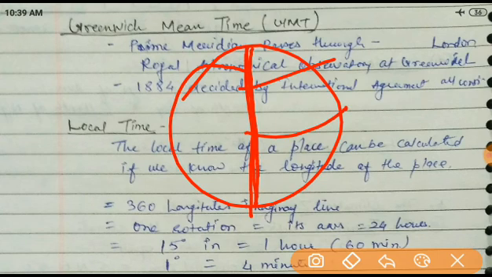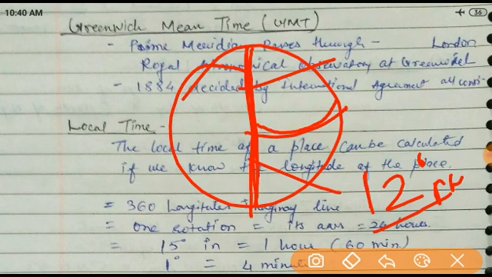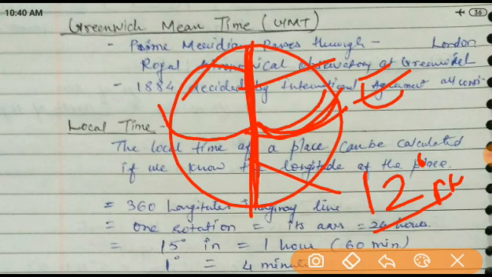And what is its importance? From here we can say that it is 12 o'clock noon. If we go from this prime meridian to the east, the time is increasing, and if we go to the west, the time is decreasing.